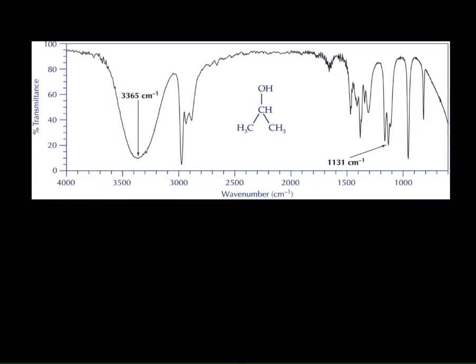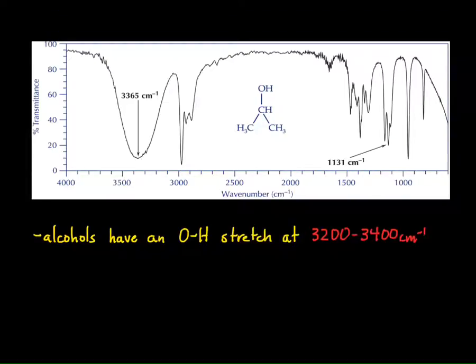Now, like I said before, we're looking at absorbances that are distinguishable characteristics of certain functional groups. Here we have a spectrum of isopropyl alcohol, and you see this very large absorption at 3365. Now that absorption occurs because of the oxygen-hydrogen bond stretch.